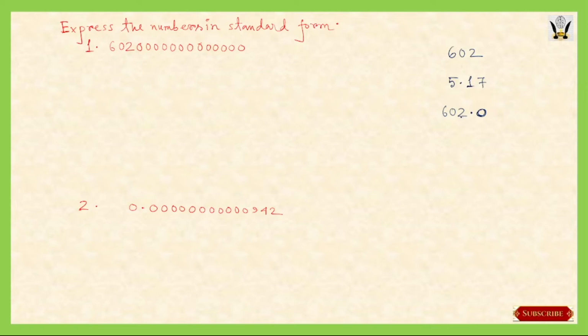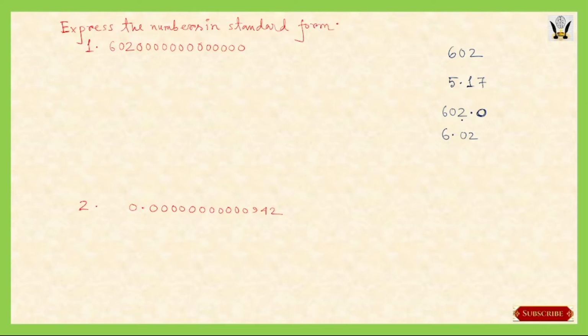Now if we want to represent this 602 or 602.0 in standard form, what do we have to do? Standard form means it will look something like 6.02, and there will be something else. So 6.02 means this decimal point, instead of being after 2, will be after 6.